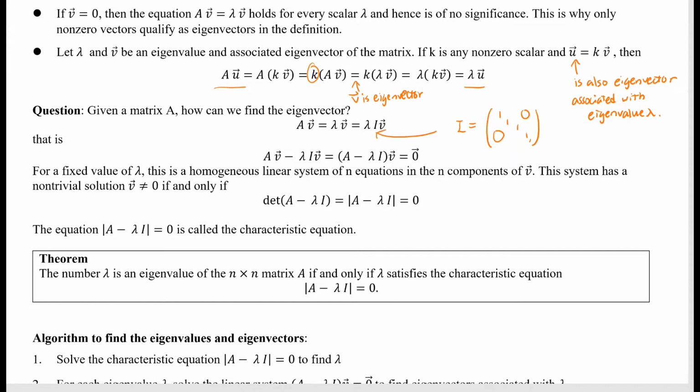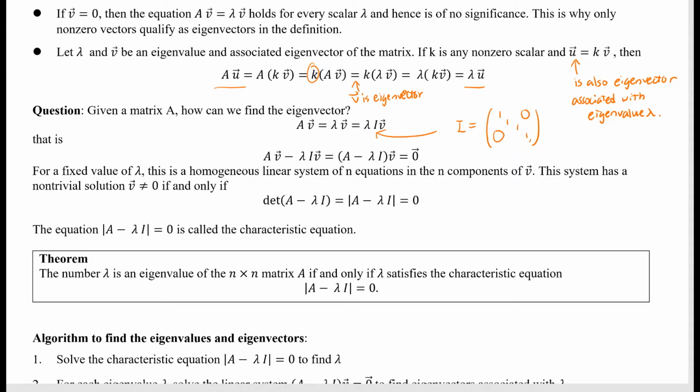If the determinant is not 0, then we get a unique solution, which is the trivial solution, 0. If the determinant is 0, then we have infinitely many solutions, and then we can find a non-zero eigenvector.